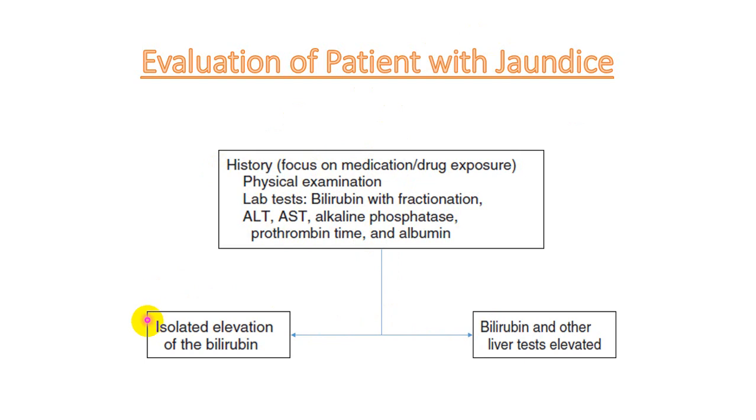Either the patient has only bilirubin elevated while all other liver function tests are normal. This patient, we call it isolated hyperbilirubinemia, or there is isolated elevation of bilirubin while other enzymes are normal. The other group, there is elevation in bilirubin and deranged other tests within the liver.